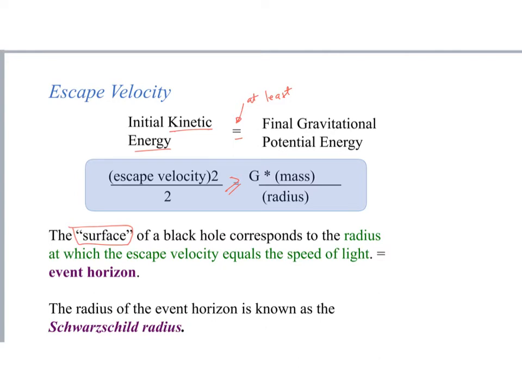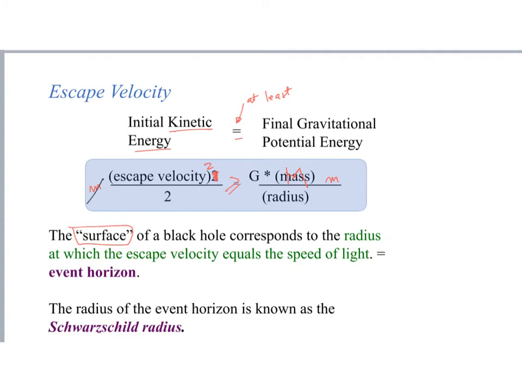You might remember the kinetic energy has the formula mv squared over 2, and the gravitational potential energy has the formula G, the universal constant of gravity, times M, the big mass of the object that exerts the pull, and the little m, divided by r.